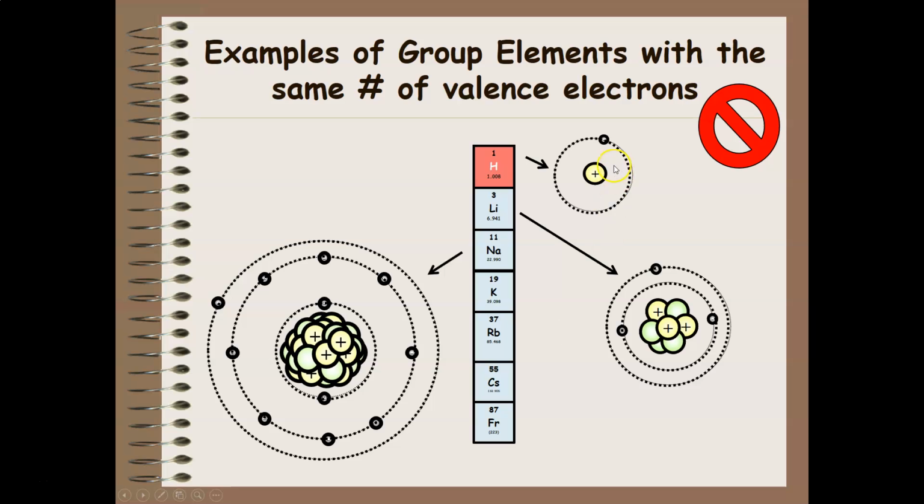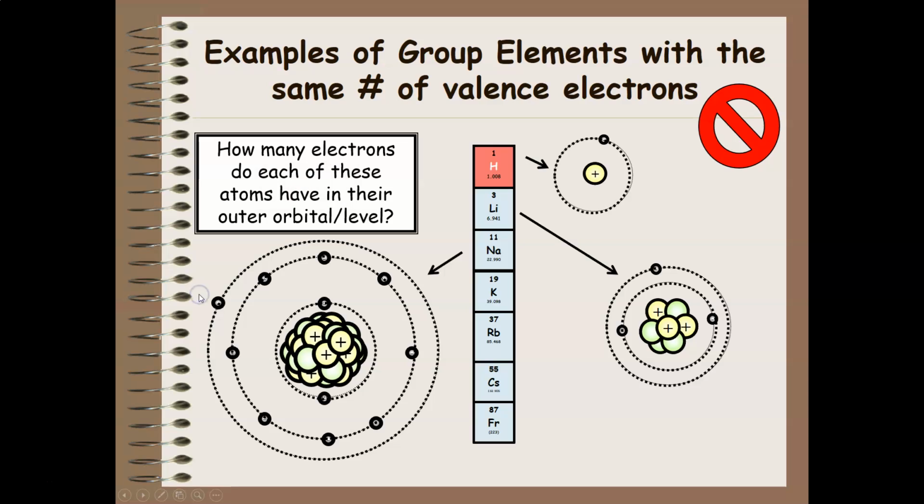So you can see here's hydrogen. It has 1 valence electron. Here's lithium. It has 1 valence. Here's sodium. It has 1 valence electron. So everything in this column, everything in this group, everything in this family, all has the same number of valence electrons.